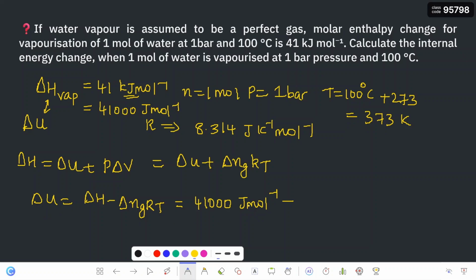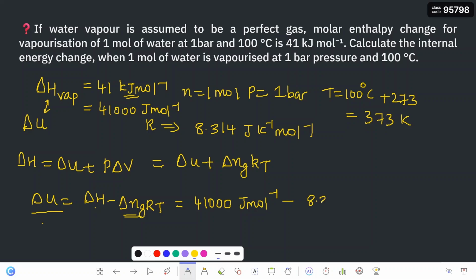That is why it is given in joule per mole, for 1 mole. So we don't need to include the number of moles here, because we are dividing this also by the number of moles, and this also.